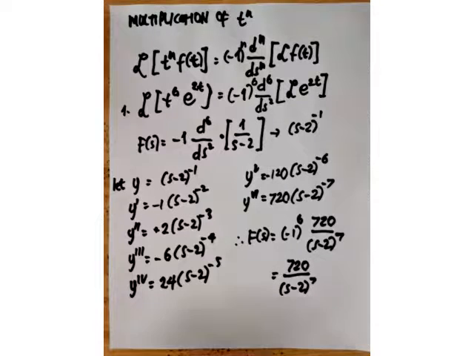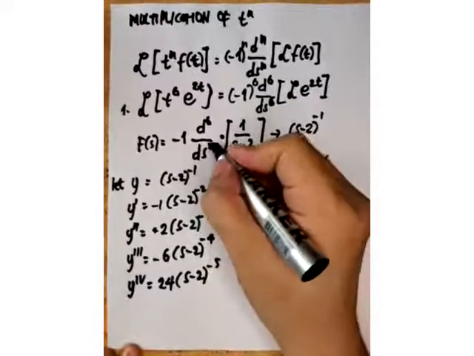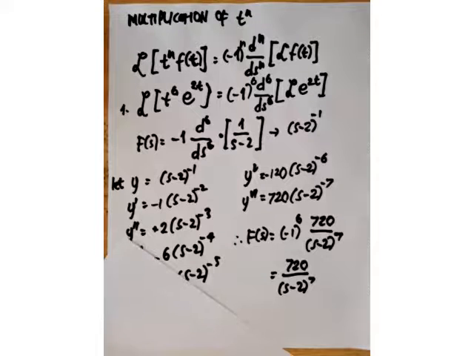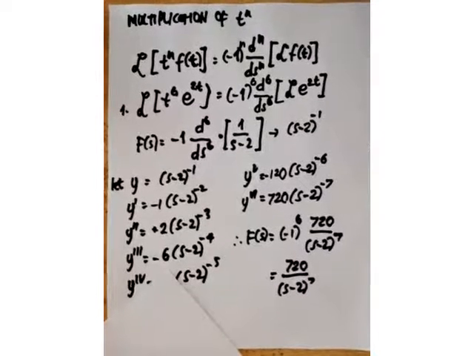Okay, sorry, this should be 6. Okay, thank you. Which is easier: deriving or just shifting? Let's go to number 2.